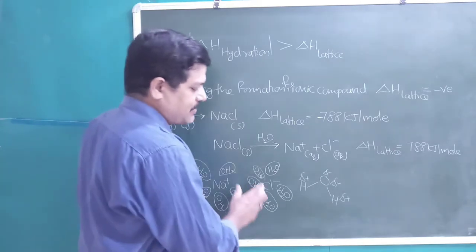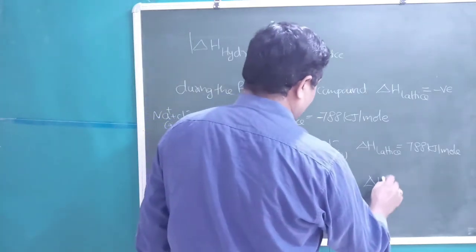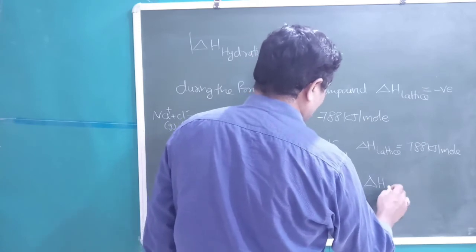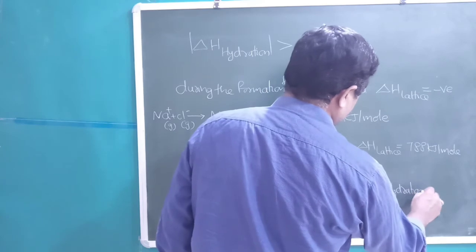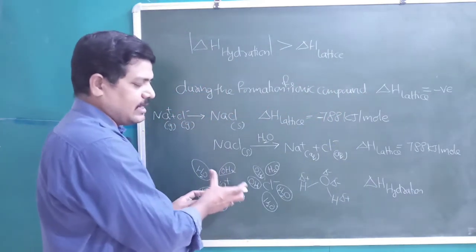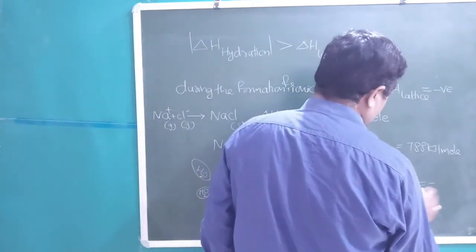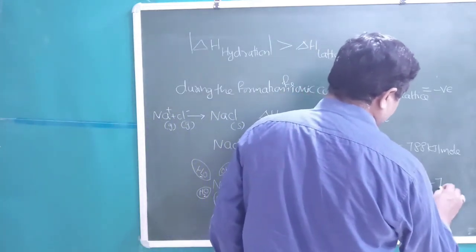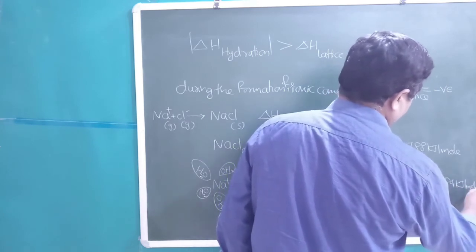The enthalpy change accompanied with this process is known as delta enthalpy of hydration. New interactions are formed, so the energy will be released. Delta H hydration for NaCl is minus 784 kilojoule per mole.